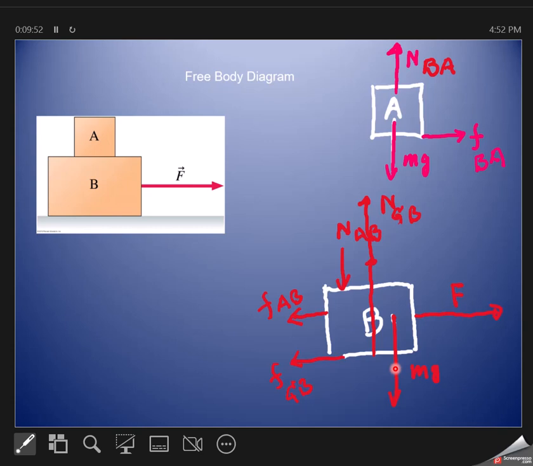Now, let's take a look at the horizontal direction. Of course, there's an applied force this way, but then there are frictions. First, the friction from the ground. If you move the box to the left, the friction from the ground on this tries to resist the motion.